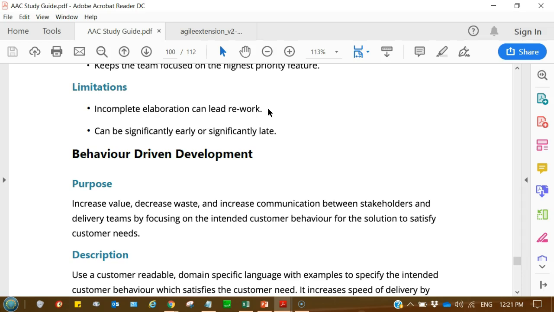Story elaboration really probably approaches definition of ready as much as it approaches definition of done. A story that is completely elaborated with its acceptance criteria would give you a story that's ready to be worked on, and also a story that is ready to be validated. And we can either do it too early or too late. That's just a possibility.